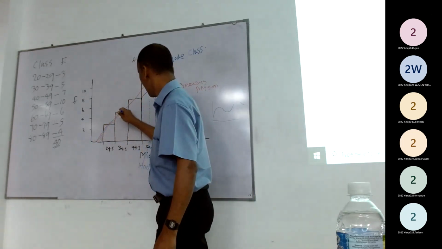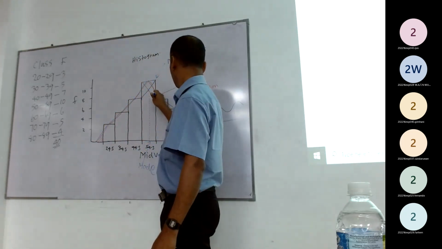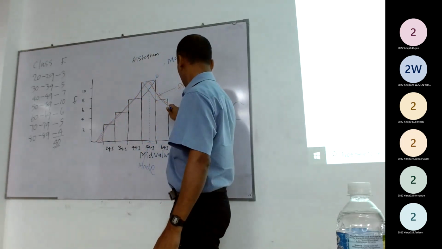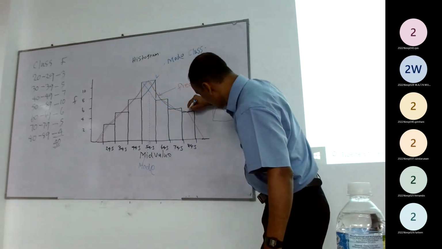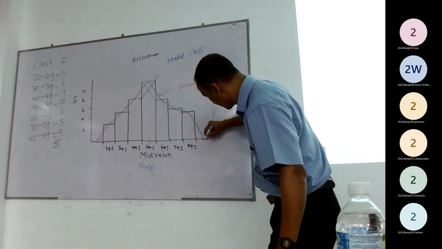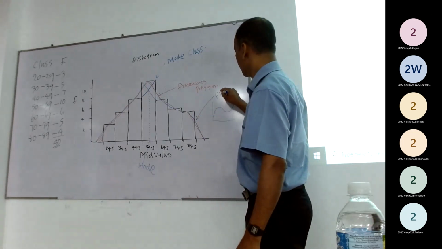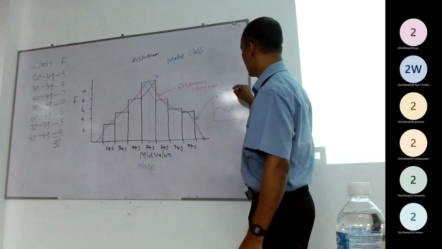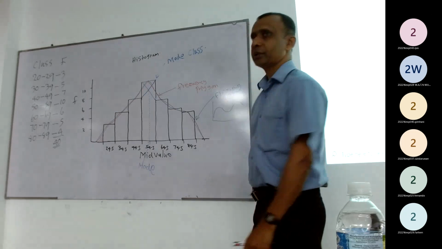There may be ups and downs slightly. Little bit change there may be, but smoothly you construct. That is called frequency curve.